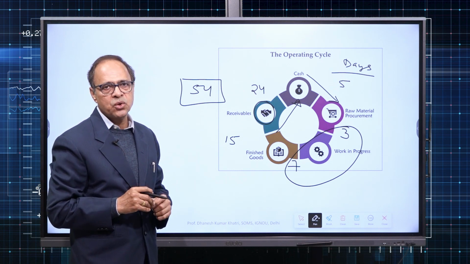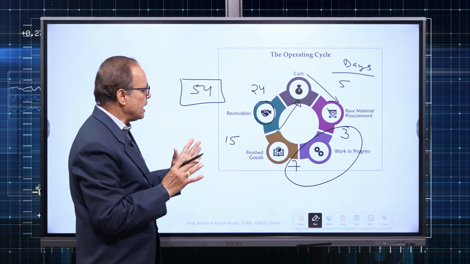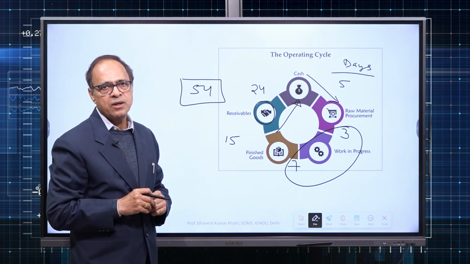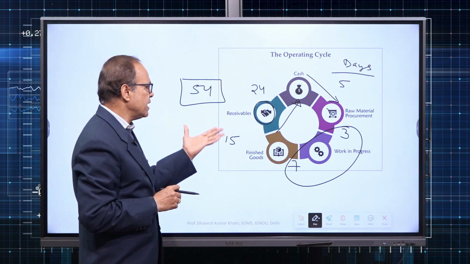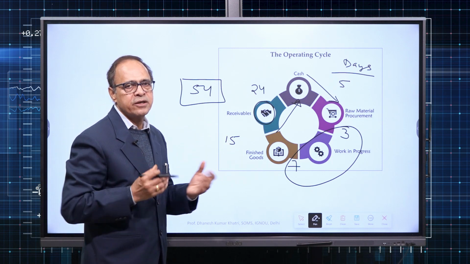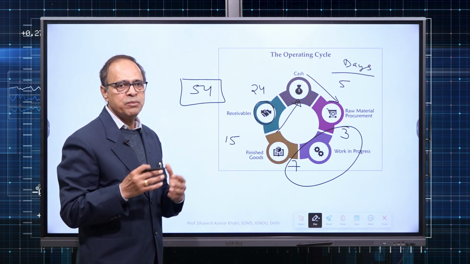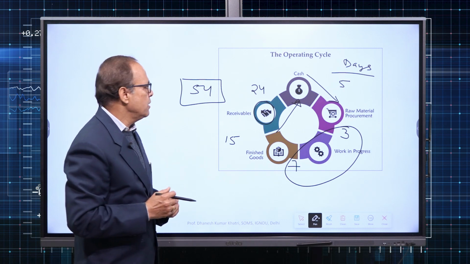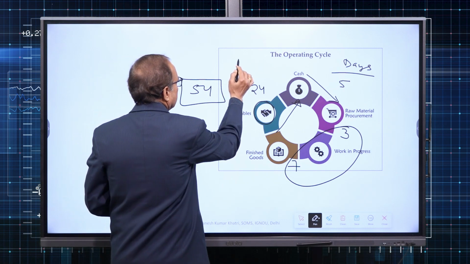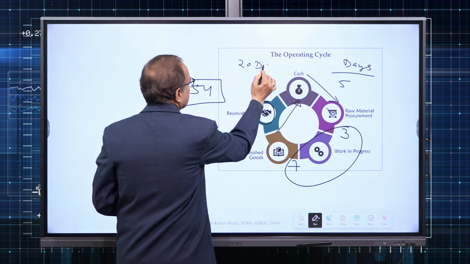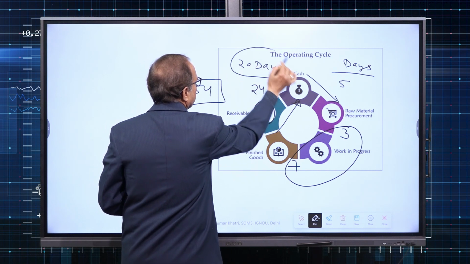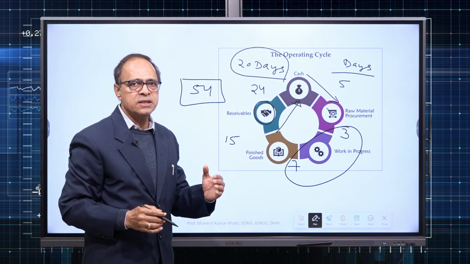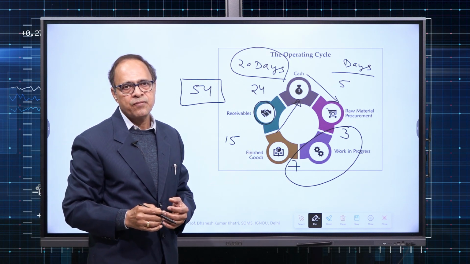And why I am saying gross? Reason being, I have not taken into consideration financing from payables, because when we sell on credit, we also get credit from our suppliers. We also make delayed payments. So, in total if I say payables period is 20 days, that means on an average we are making payment to our suppliers as well as for the expenses 20 days after they occur.